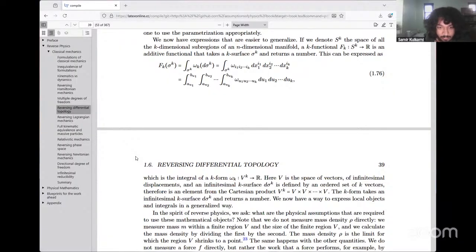Therefore, it is an element from the Cartesian product V^k equals V times V times V dot dot dot times V. The k-form takes an infinitesimal k-surface d sigma_k and returns a number. We now have a way to express local objects and integrals in a generalized way.